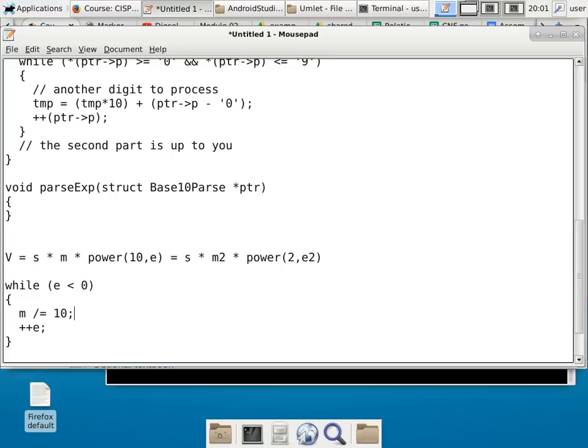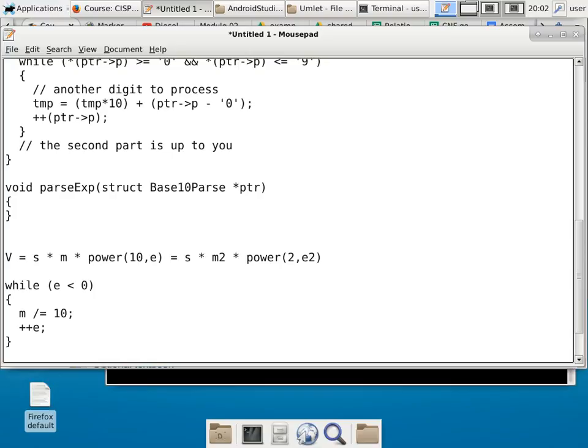But every time you shift, you also have to adjust E2. When you shift it to the right, which is the same thing as division by 2, you have to remember to add 1 to E2. If you shift it to the other side, which is multiplying M2 by 2, then you have to subtract 1 from E2 to balance the shift operation.